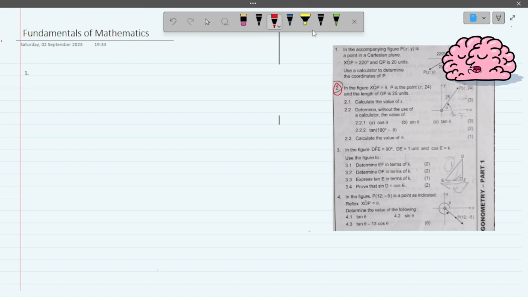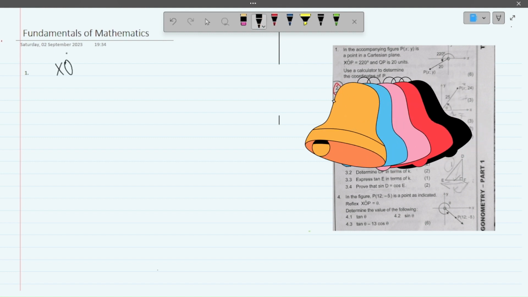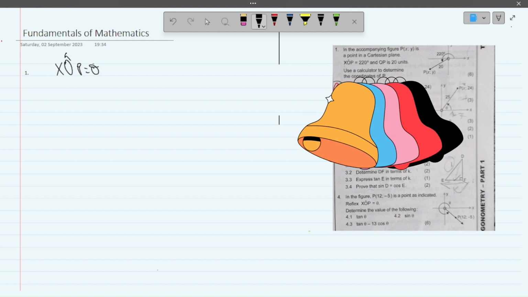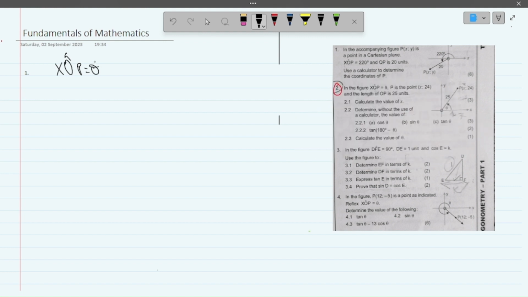Now we're going to be focusing on the second question. It says in the figure, angle XOP is equal to theta. P is the point (X, 24).